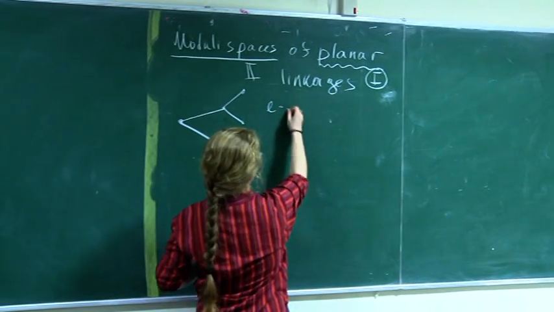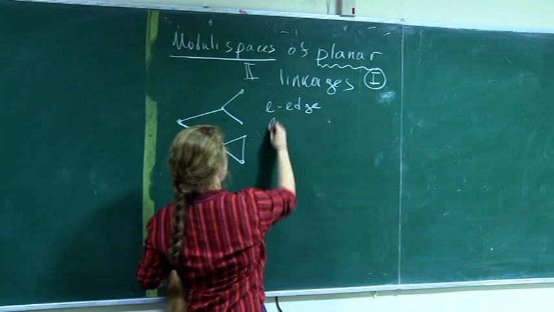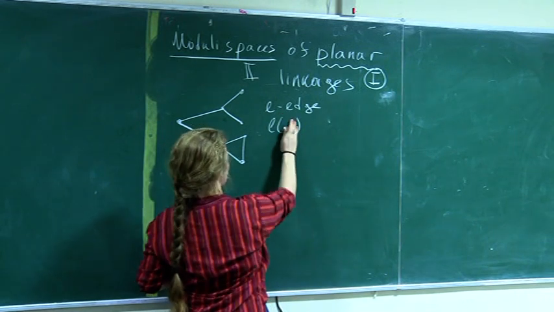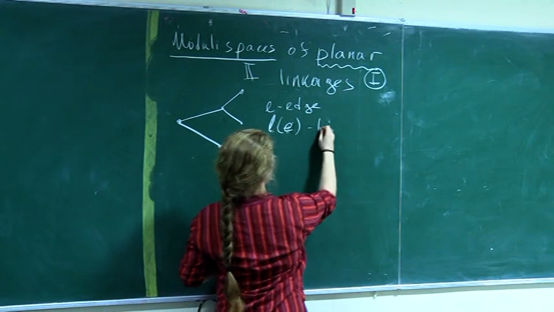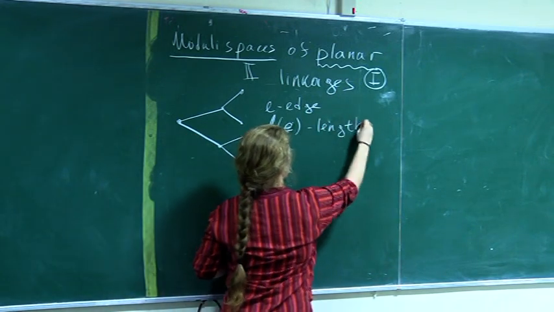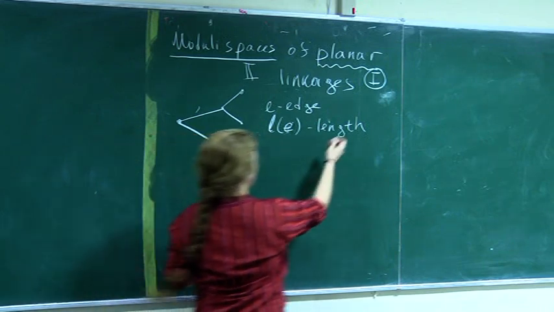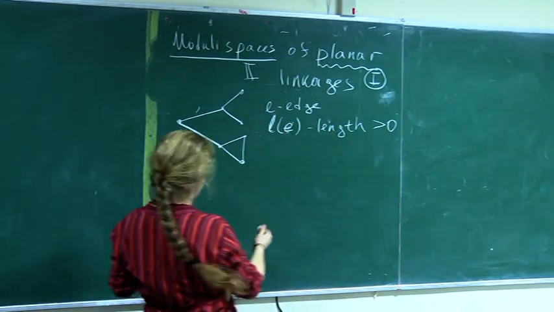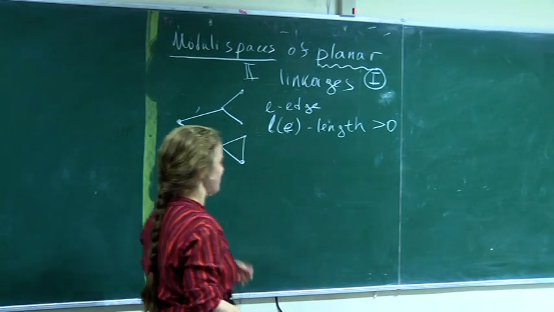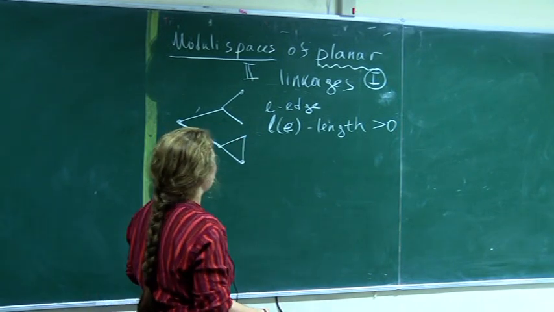So if e is an edge, then we can have its length, and of course it is greater than 0, as the usual length of a real object.